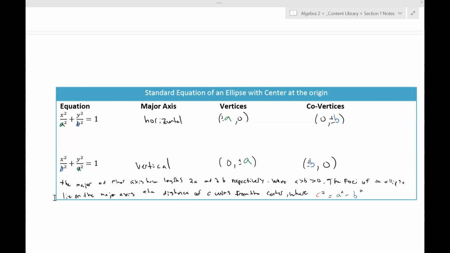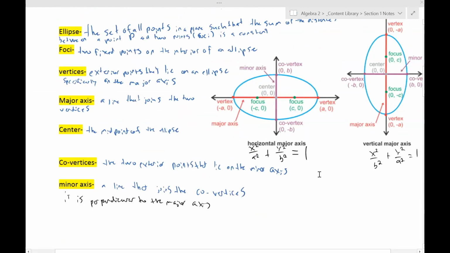If the larger value is under y, it's vertical. That makes sense because a represents the distance from 0, since this is centered at 0. Whichever value is greater determines the orientation.